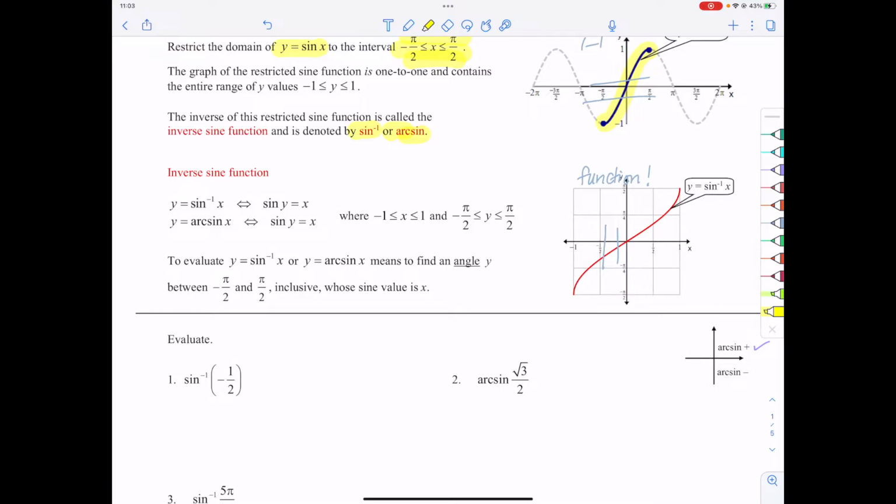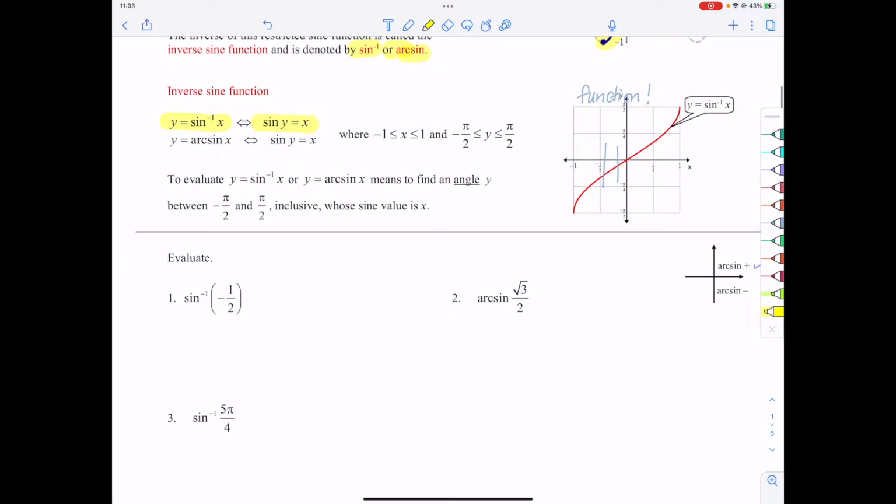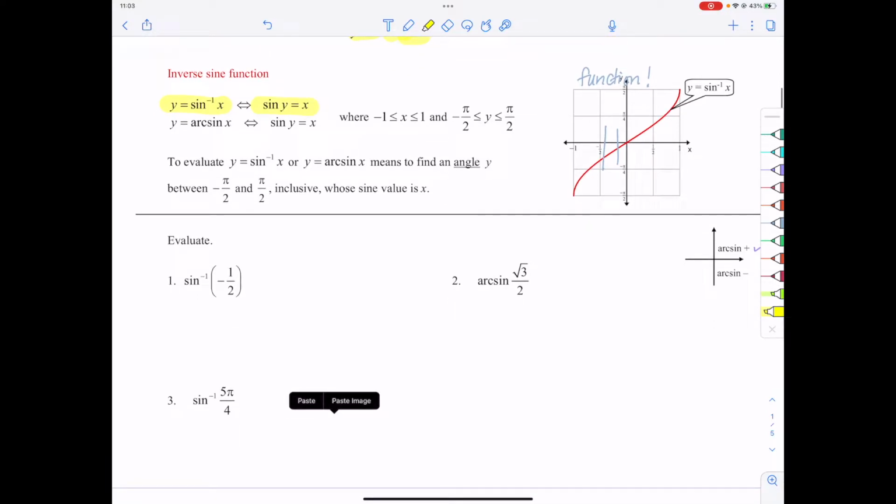You'll see both of those for the inverse sine. Also, y equal to the sine inverse of x is the same, interchanging the x and the y values, as the sine of y equals x. Okay? And so we now can see that the arc sine of x is the same thing.